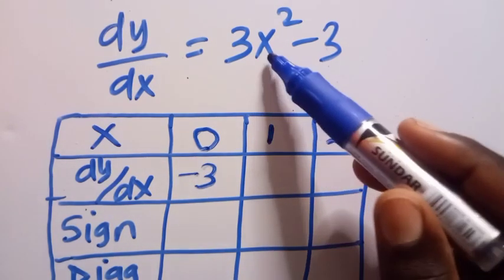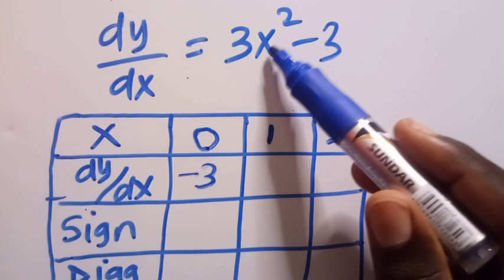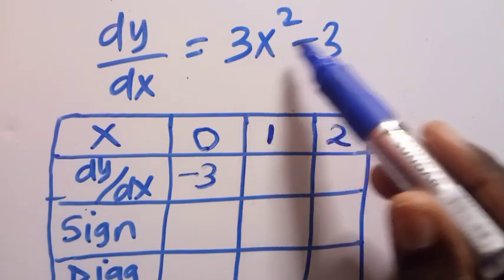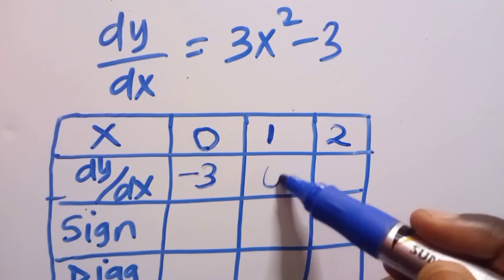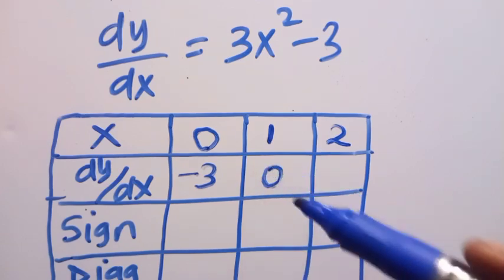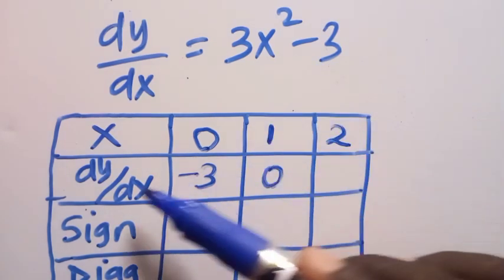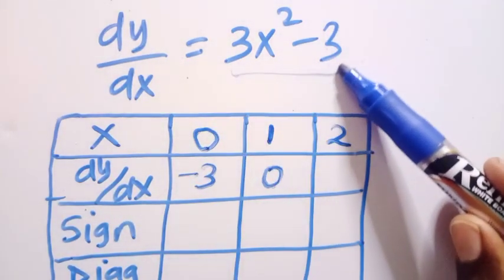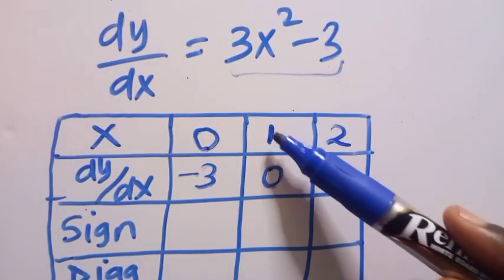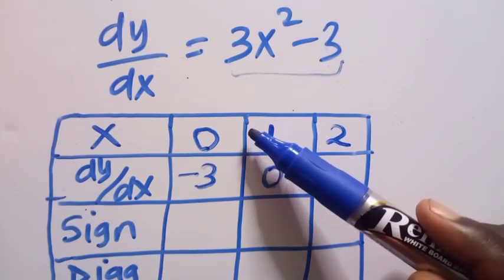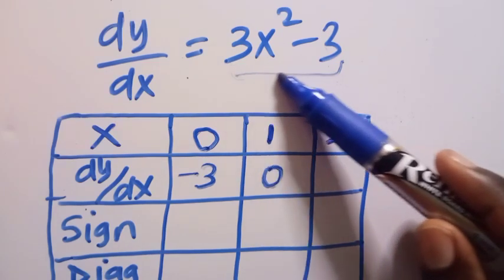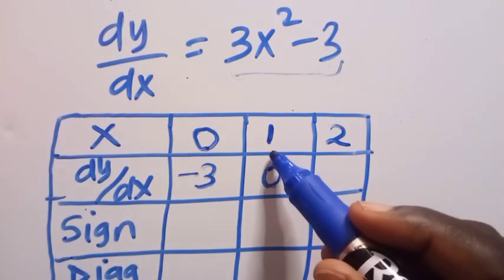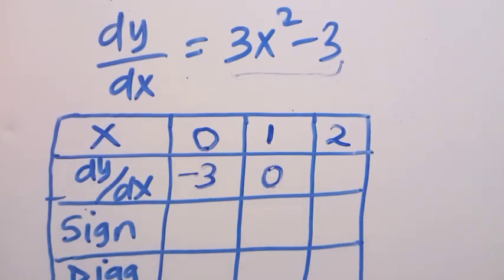And if we substitute 1, it will be 3 into 1 squared. 1 squared is 1, times 3 is 3, minus 3 is 0. But remember that this is the gradient, dy over dx, at a stationary point. The gradient at a stationary point is always 0. Therefore, even if you have not substituted here, it is always 0.